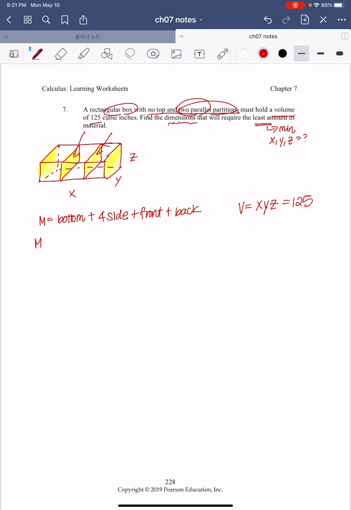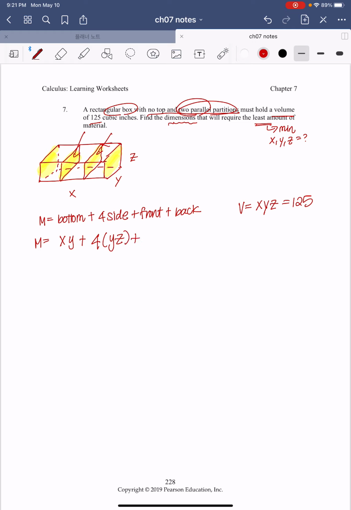So let's write it out. The bottom is this figure, this will be X times Y. The 4 sides are Y times Z, but there are 4 of them, so 4 times YZ.